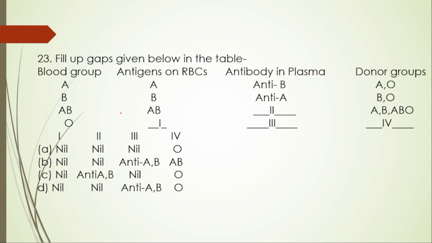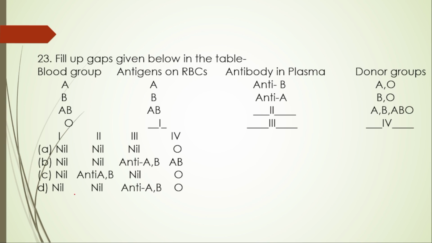So the next question is the filling the blanks type. A table is given: blood group, antigens on the RBC, antibody in the plasma, and donor group.